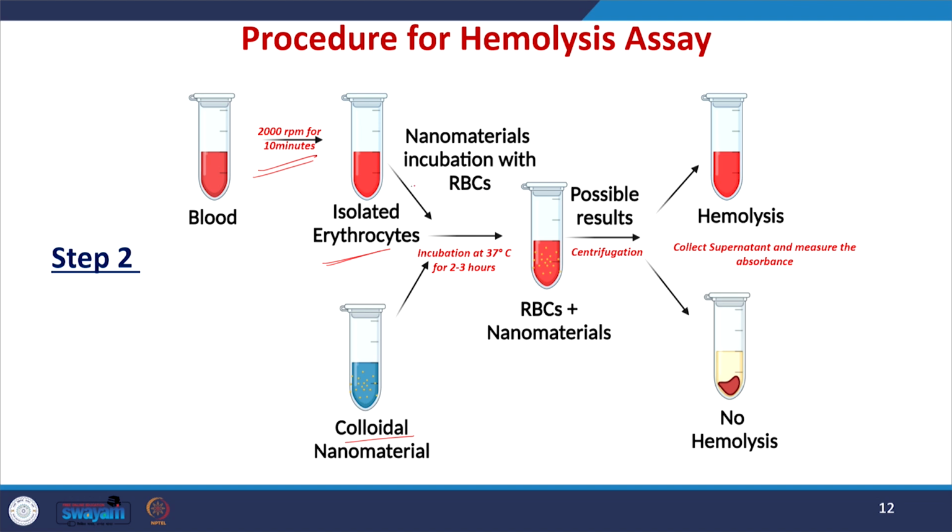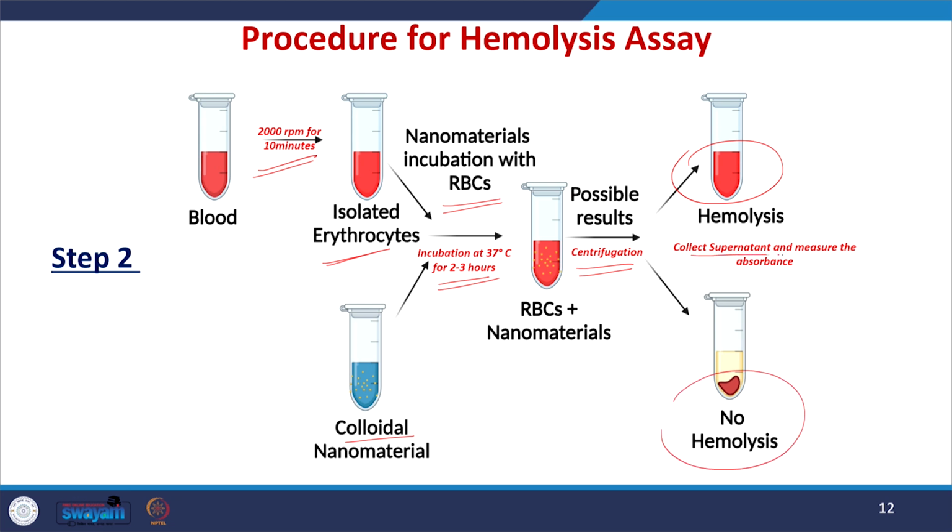Once you add the nanomaterials, incubate the RBC with nanomaterials for 2 to 3 hours. After incubation, you can do the centrifugation. If the particular nanomaterial is inducing hemolysis, you will get this kind of result, and if it is not inducing any hemolysis, you will get this kind of intact pellet.